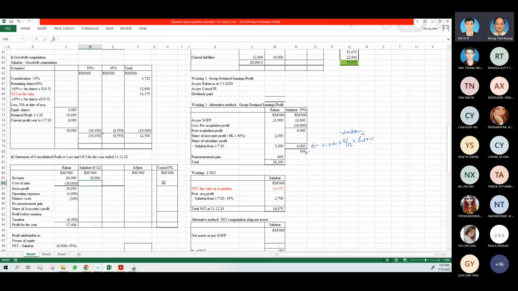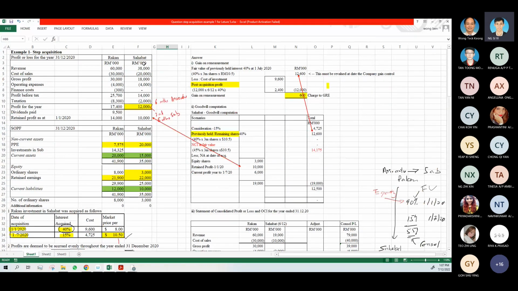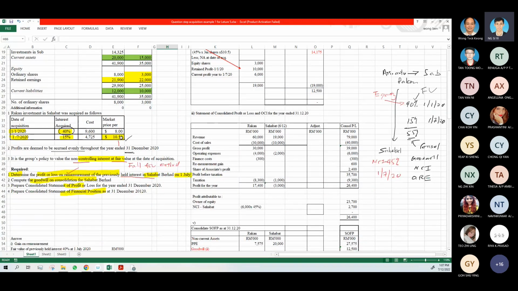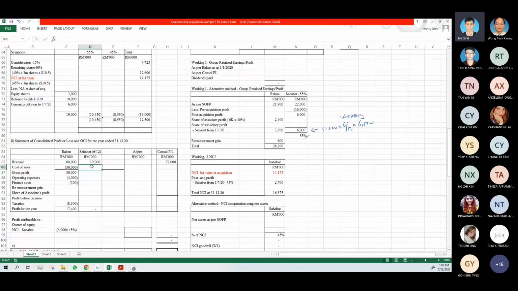I just add the cost. Okay, cost of sales, same thing. 30,000 here. So half of it, 10,000. Cost of sales is expenses, put negative in front.